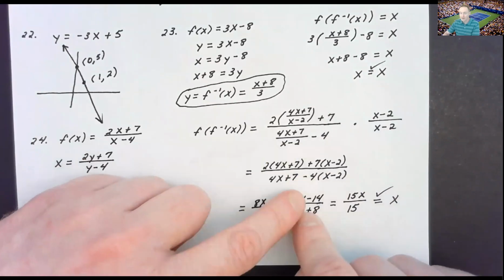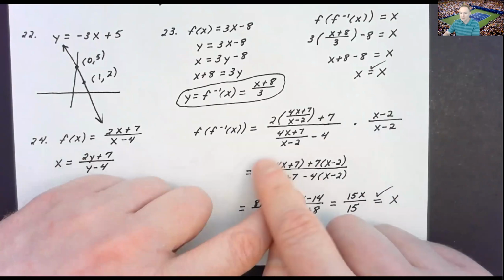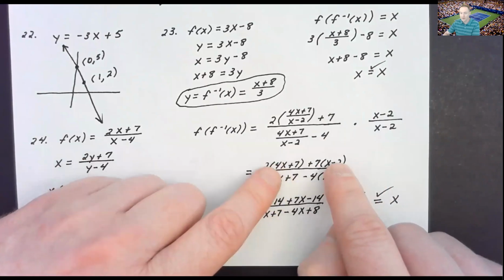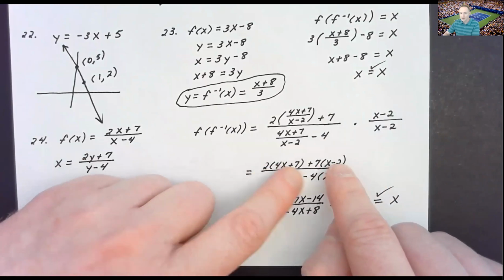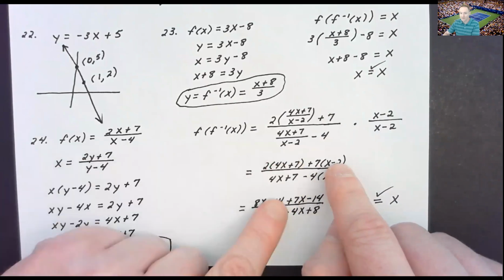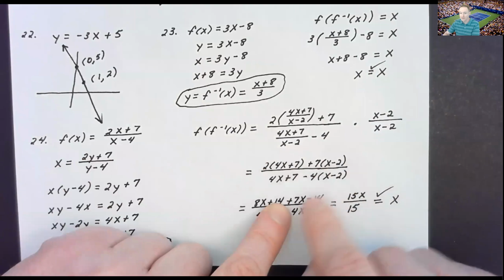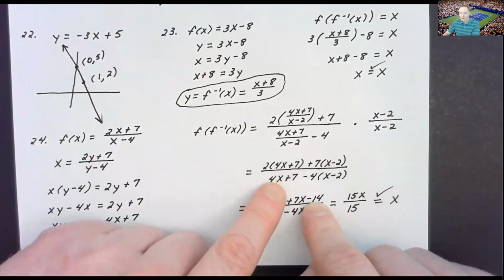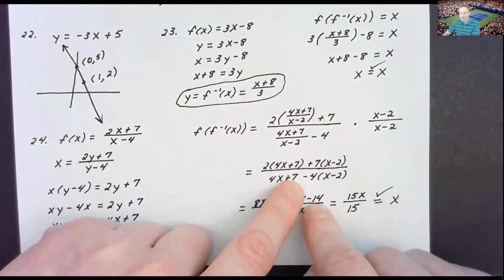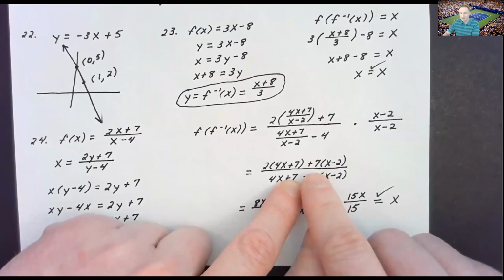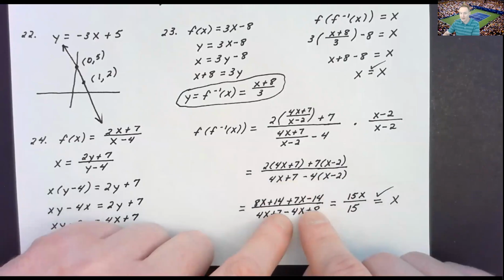From this step to the next, I just need to carry out the distributive property everywhere in the problem. The 2 distributes through this group and I get 8x plus 14. And then the 7 distributes through and I'll get plus 7x minus 14. In my denominator, 4x plus 7 was not multiplying anything. The minus 4 distributes through and I get minus 4x plus 8.